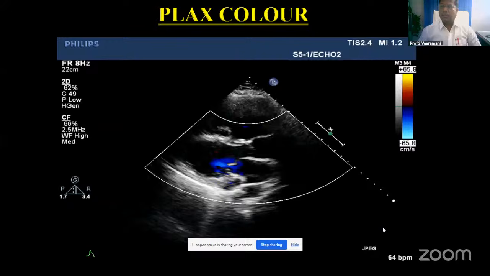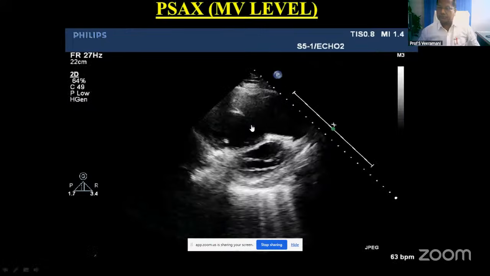In the parasternal long axis view, usually the LA and aorta are more or less equal to the RVOT, but here the RVOT is dilated. Similarly, in the parasternal short axis view, the RVOT is very much dilated.